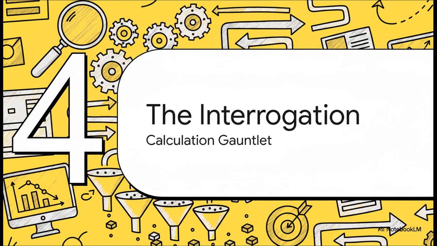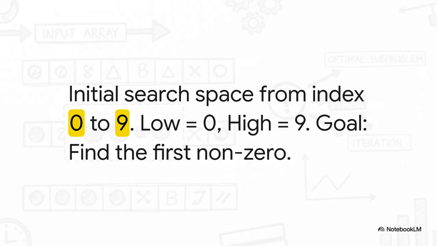All right, let's put this new clue into action with our first interrogation of the data. Instead of starting from the top, we're going to jump right into the middle and see what we find. This is step 1 of a powerful strategy to shrink our search space fast. Let's set the scene. Our array has 10 spots, indexed 0 through 9. Let's think of a 0 as a yes and any other number as a no. Our initial search area is the whole thing. We'll put a marker called low at the start, index 0, and a marker called high at the very end, index 9.